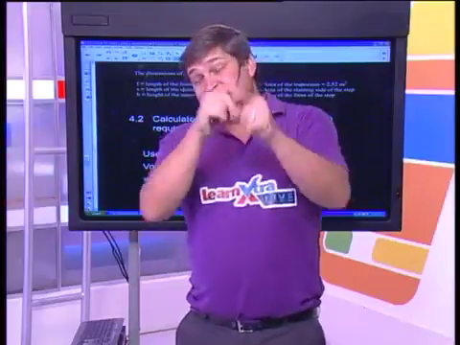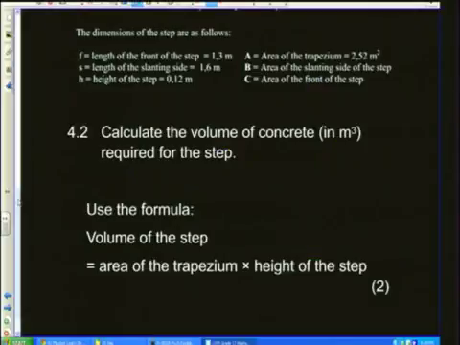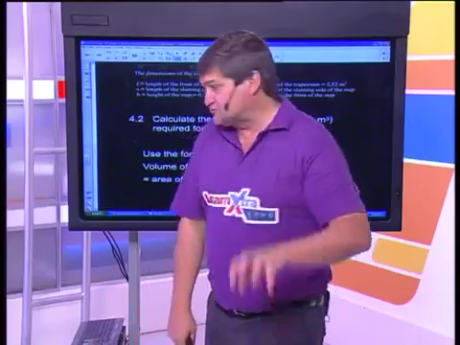How much cement are we pouring in there to fill it up? Now, the nice thing is our examiner has given us the formula. He's told us that the volume of the step is equal to the area of the trapezium times the height of the step.